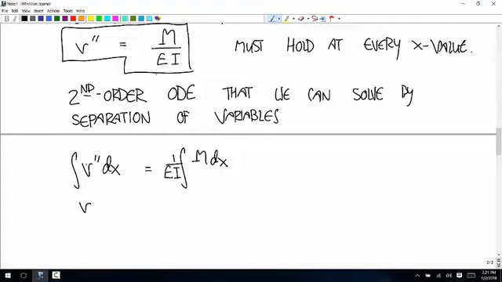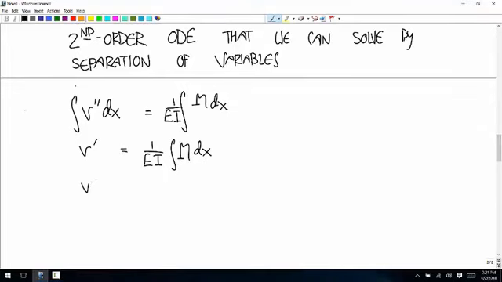And so that says that v prime is equal to 1 over EI times the integral of M dx. And then integrate again, and v is equal to 1 over EI times the second integral of M. It's a simple thing to do.